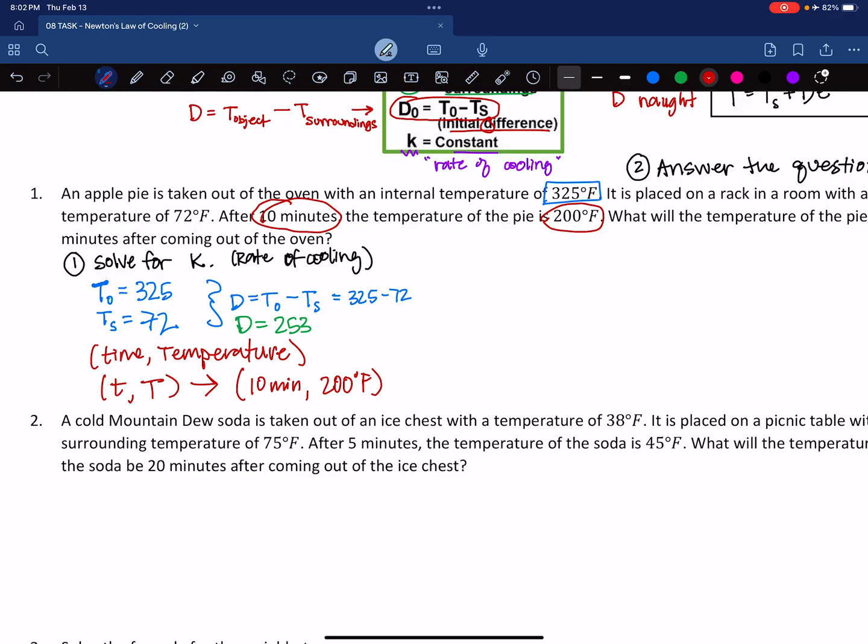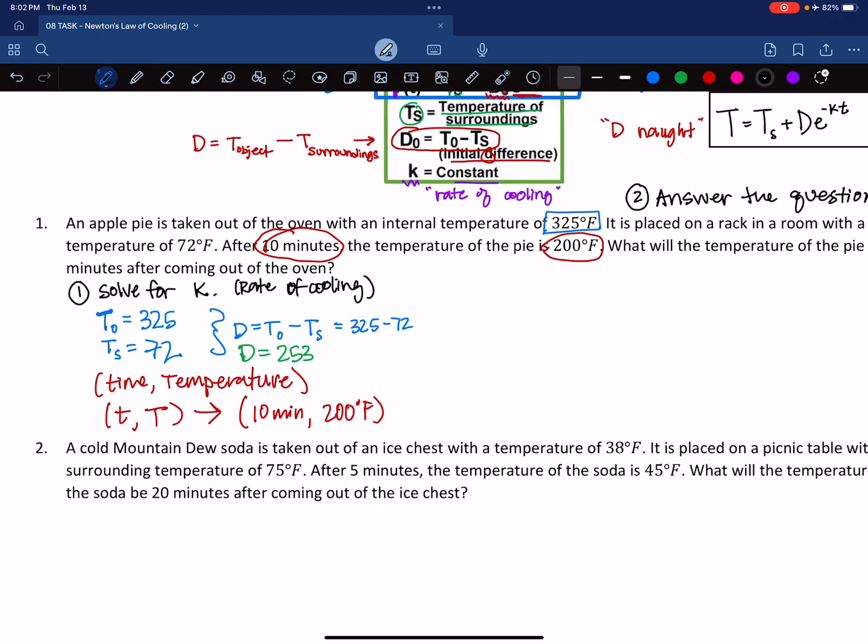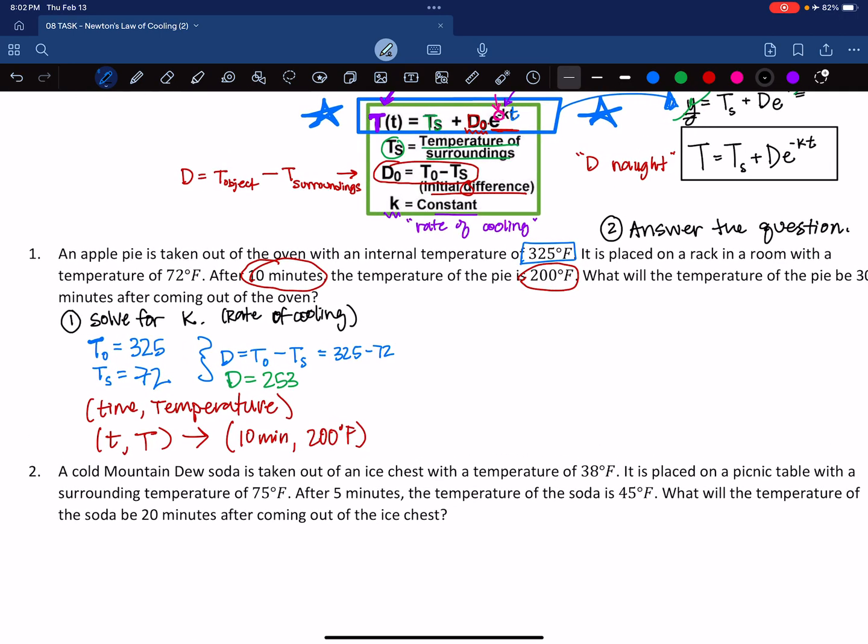So using all of this, we're going to plug in and get the first part of our model, or our formula. All right, here we go. The temperature of the surroundings is 72.